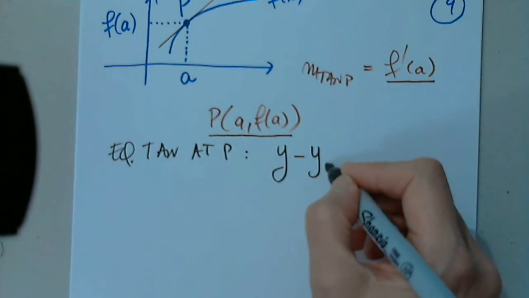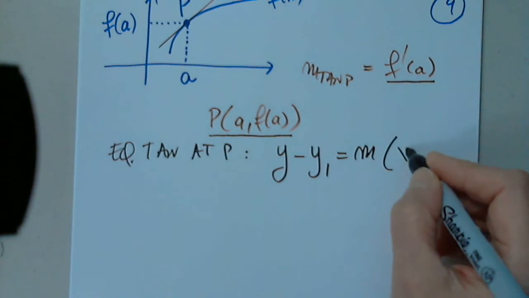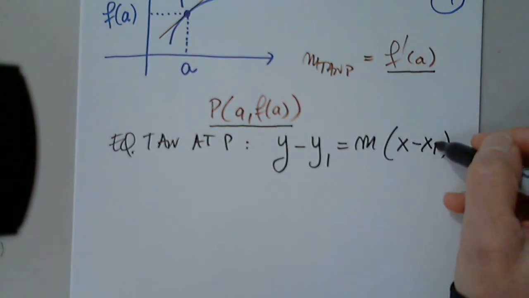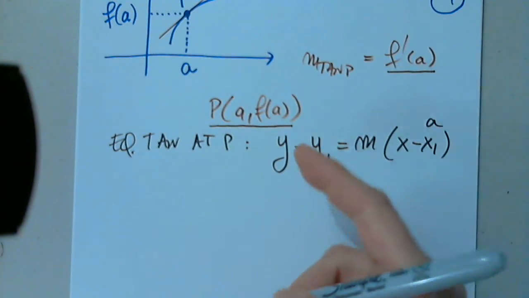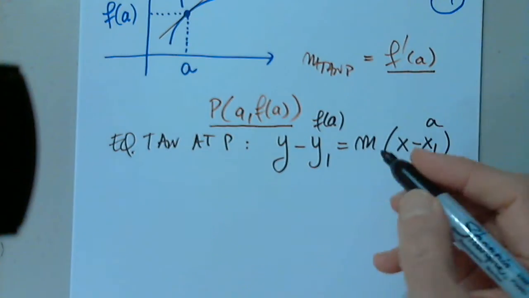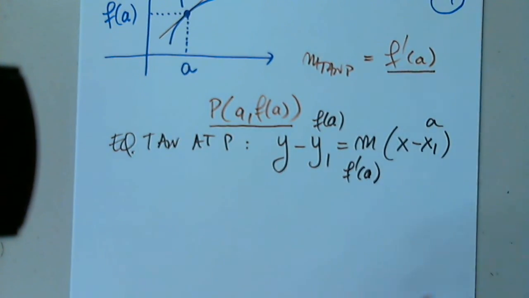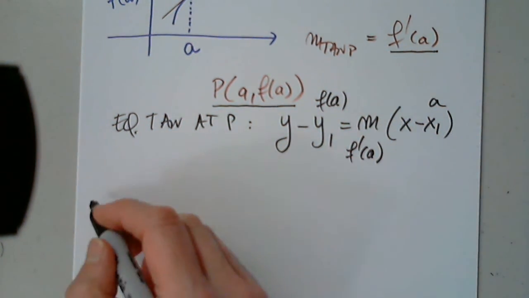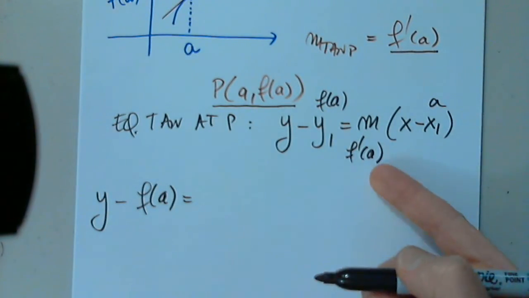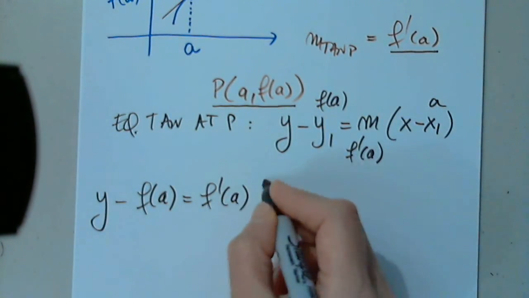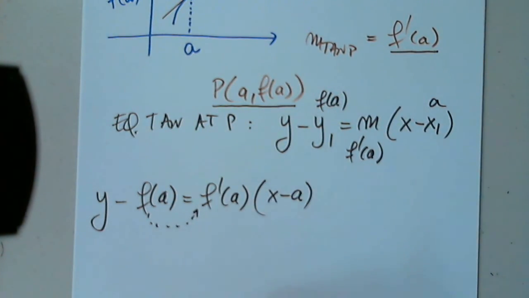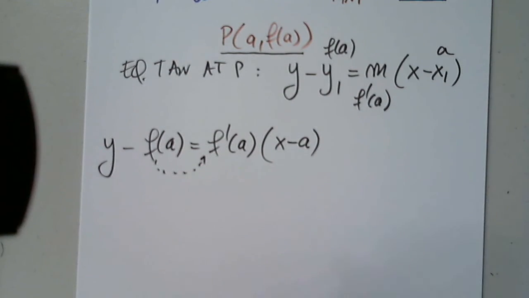Y minus y1 equals the slope times x minus x1, where x1 is A, y1 is f of A, and the slope is f prime of A. So then y minus f of A equals the slope times x minus A, and of course I'll add f of A to both sides.